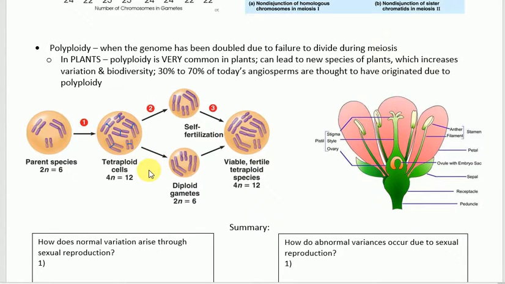So replication occurs, we've got our tetraploid cells, and then there is failure of division. Failure occurs, and then they end up self-fertilizing. So they end up with those 12 chromosomes. They end up as 4N.